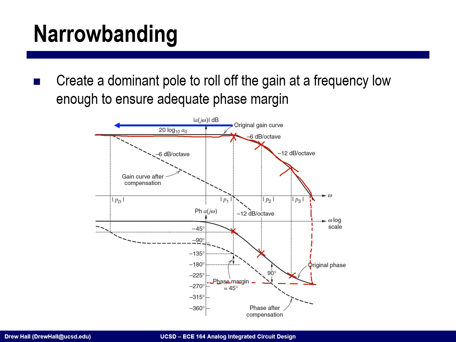And so the alternative is that if we were to introduce a dominant pole, i.e. we were to bring this and put this dominant pole way back here, okay, what we're doing is we're rolling off a lot of the gain before we even get to these non-dominant pole frequencies.